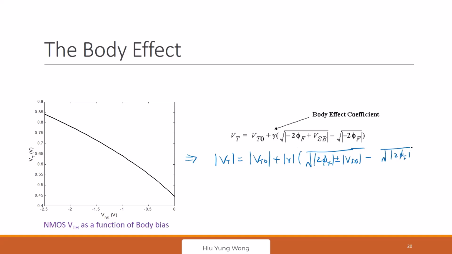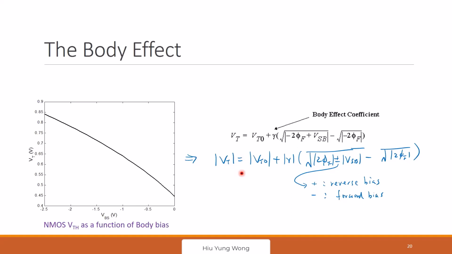I put everything into positive, and if it is reverse bias, whether it's PMOS or NMOS, I use plus. If it is forward bias, whether it's NMOS or PMOS, I use minus. Because this is obviously going to reduce my threshold voltage, right?